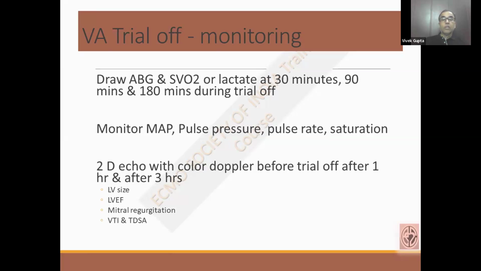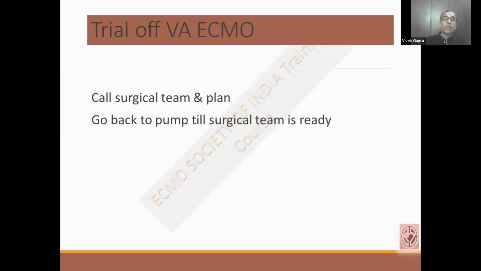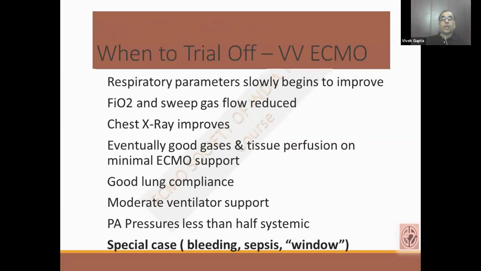And once it is maintained, you do an echocardiography to look at various parameters like LV size, ejection fraction, development of a new MR, or aortic VTI and EDS. And once the patient remains stable throughout, then you call the surgical team and plan for decannulation. And you again go back to higher flows so that there is no clotting of the circuit.